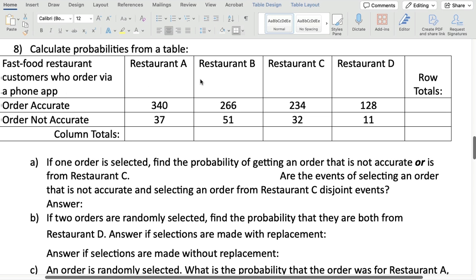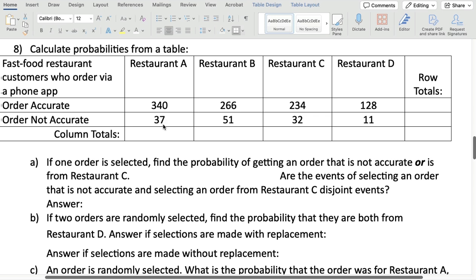So basically restaurant A, restaurant B, restaurant C, and restaurant D are probably chains of some kind. And they each allow customers to order via a phone app. And data was collected on probably a sample of customers where they wanted to see how accurate or inaccurate the orders were once the customer picked up the order.